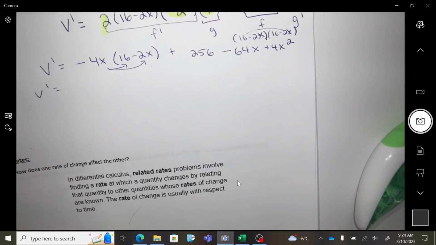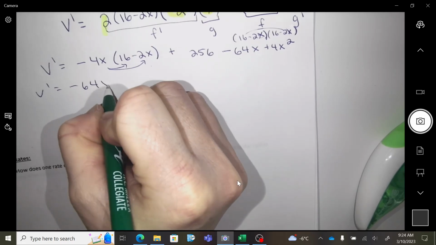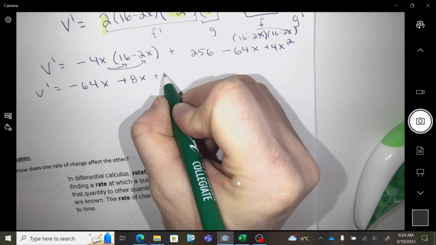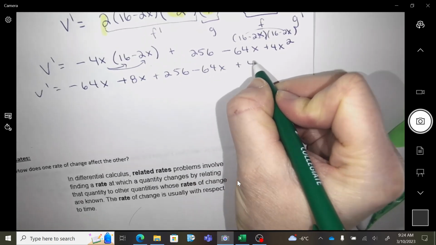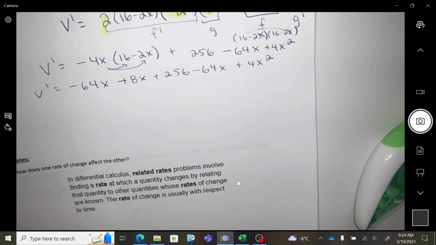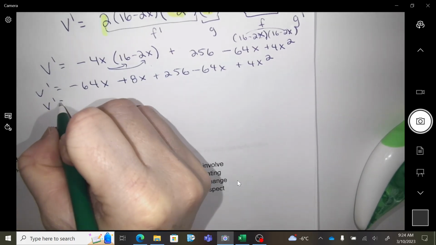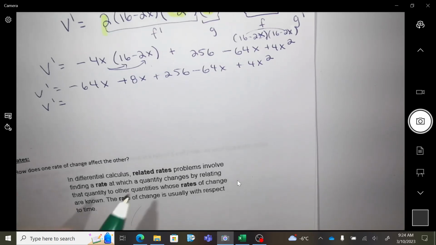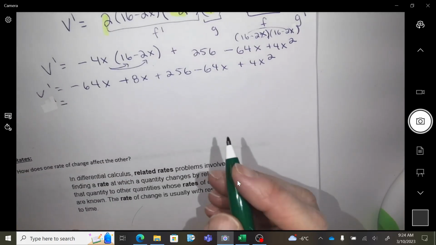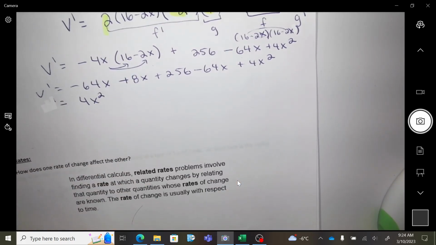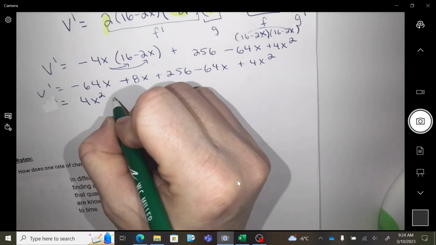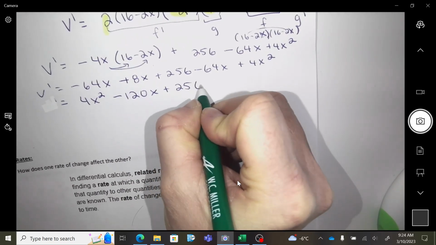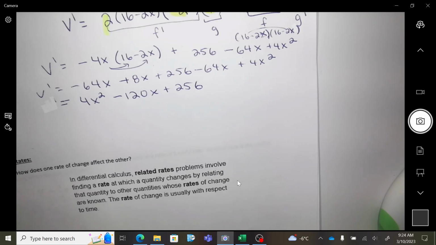Eventually this will look a little bit better. Okay, I'm done simplifying. Are we good?